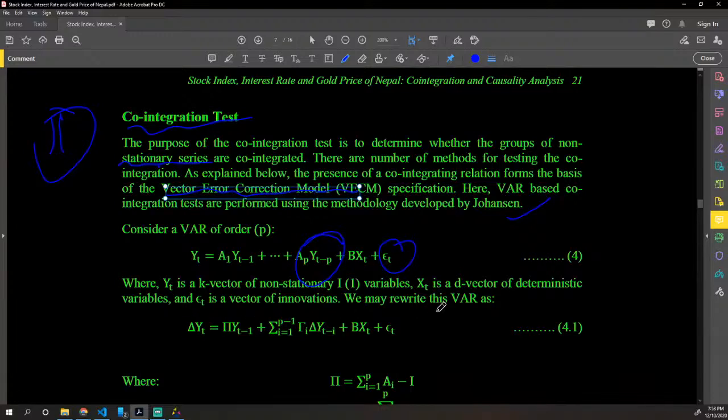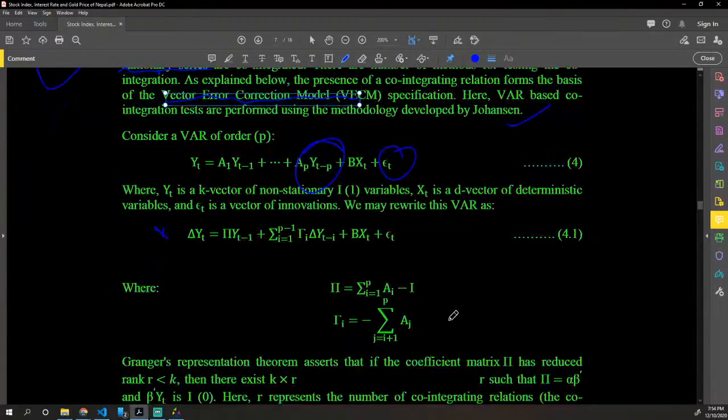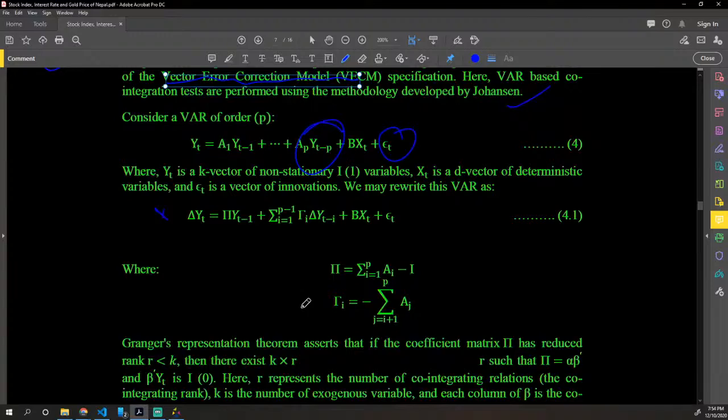So we may rewrite this VAR as delta y_t equals the error correction form.